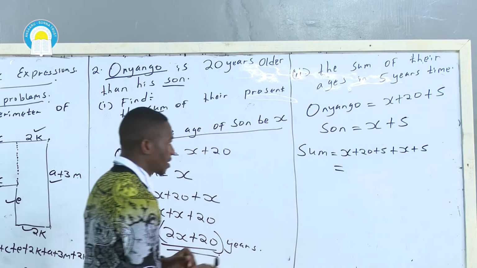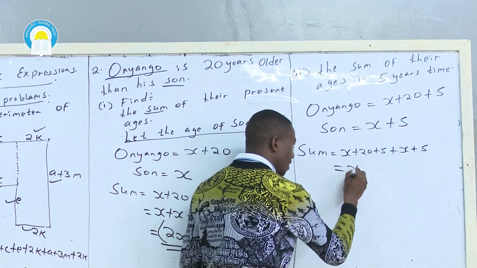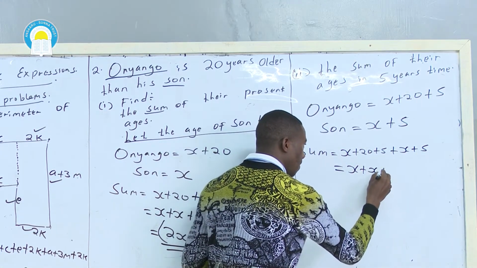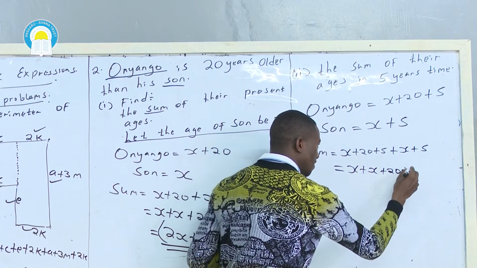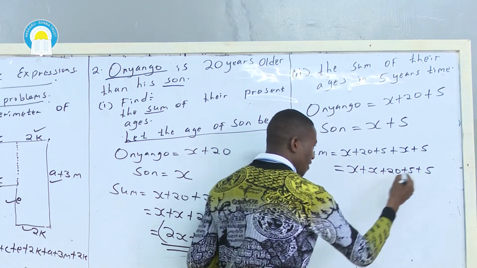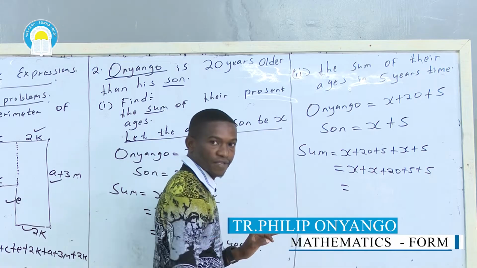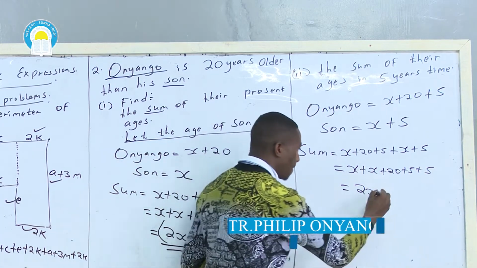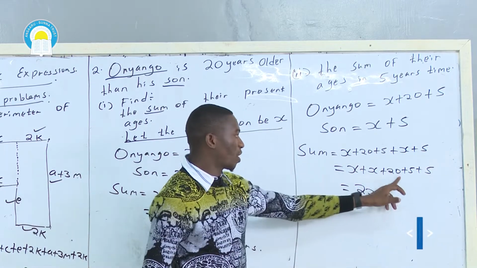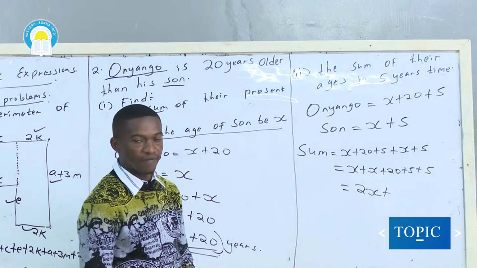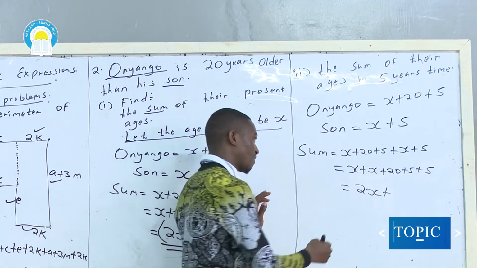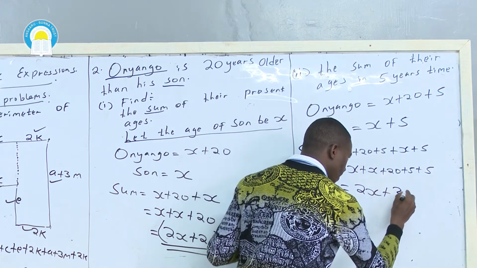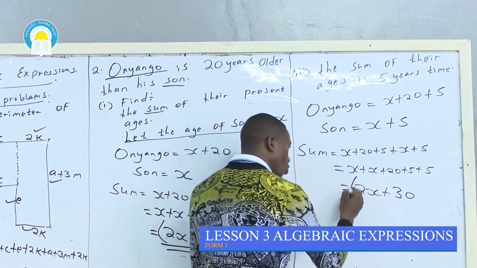You collect the like terms: x plus x is 2x, plus 20 plus 5 is 25, plus 5 is 30. So it is 2x plus 30.